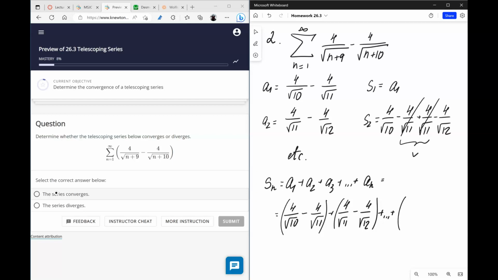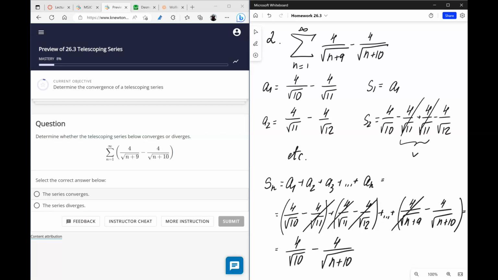This behavior will continue, and the nth term will be 4 over square root of n plus 9 minus 4 over square root of n plus 10. This is the telescoping behavior. All the middle terms will collapse, and at the end we will only have 4 over square root of 10 minus 4 over square root of n plus 10.